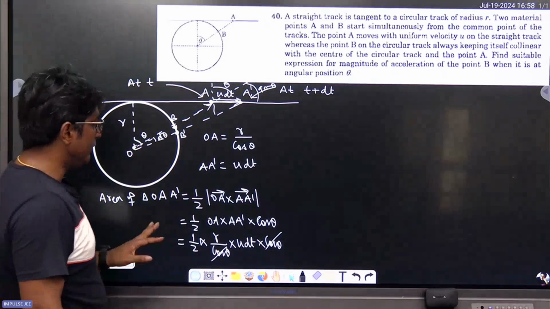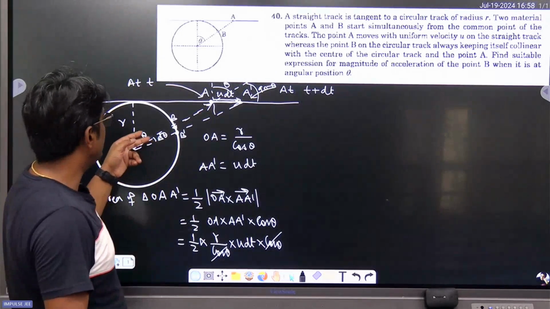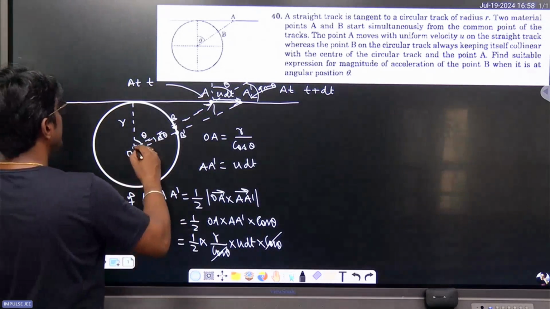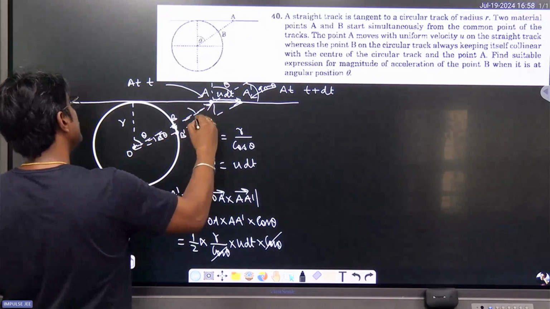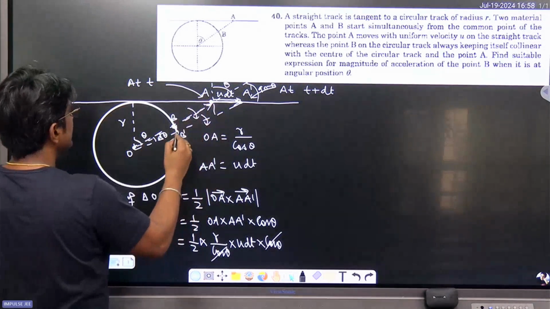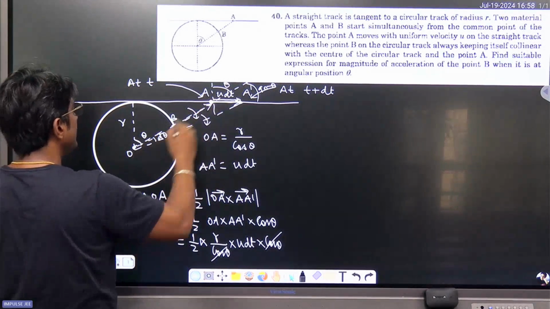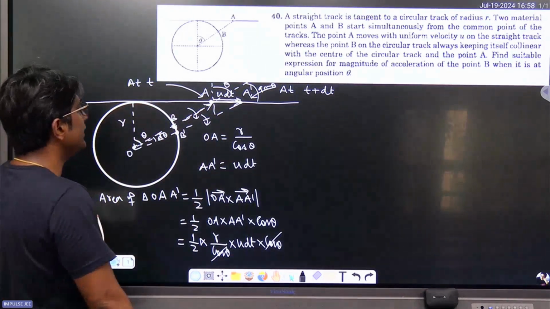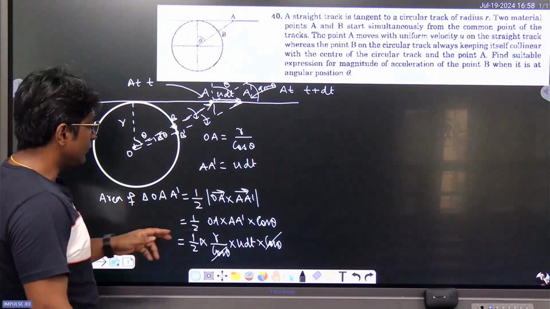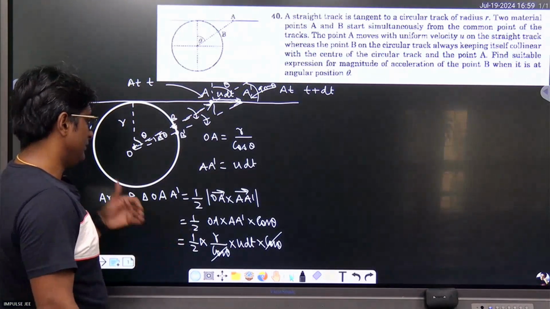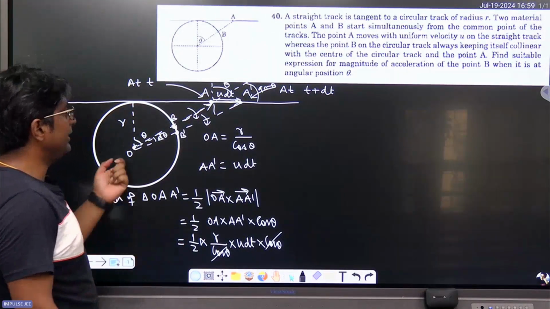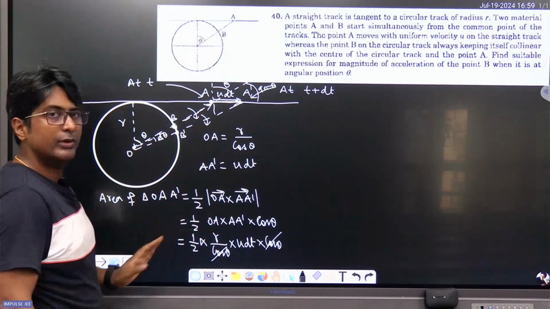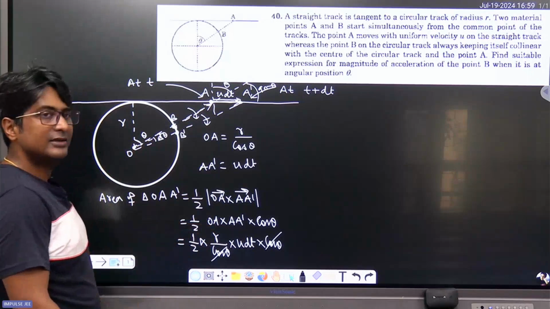Now we need to find the relation in terms of d theta, so that we can find the rate at which this position vector is going to rotate. And since A and B are collinear, the angular velocity of B and A is going to be the same. So for another expression, we can find the area of the sector, because if we equate these two areas, the area remains the same.